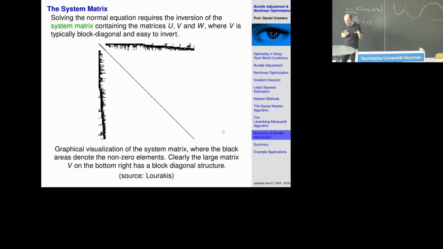If instead you move with the camera through a room and face forward, then points will disappear from the various images and will not be visible in all images. And so the neighborhood structure governs the structure of this system matrix.